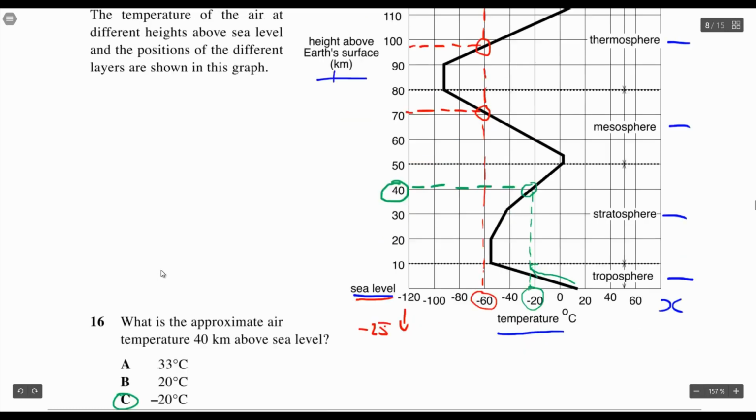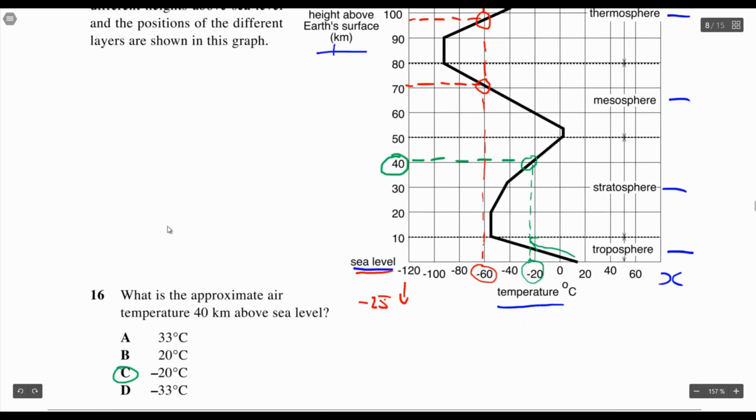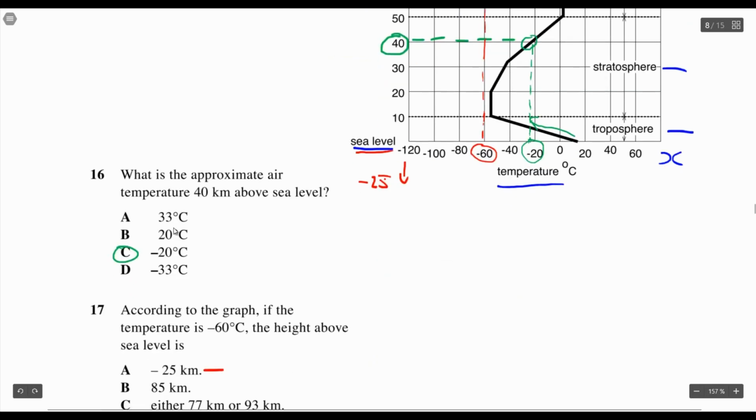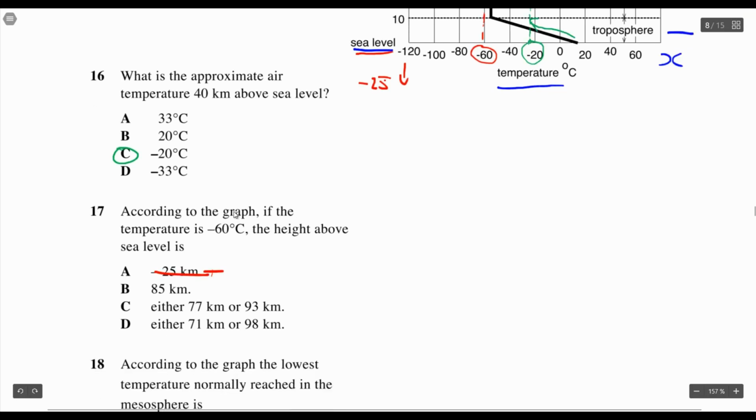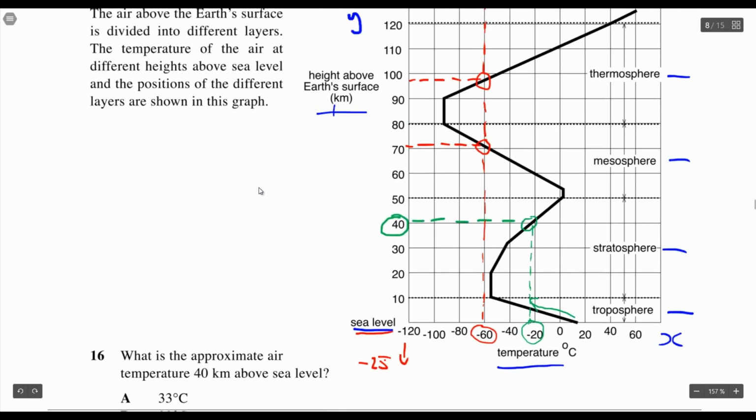I don't want students to get confused between minus 25 degrees Celsius and minus 25 kilometers. That's completely different, so that is not the answer. 85 kilometers, well, let's look at the answers. 85 kilometers would be right about here somewhere, and no, that is not the answer either.